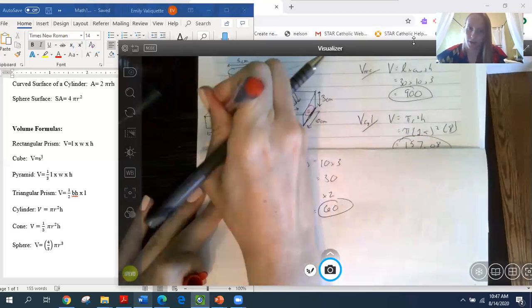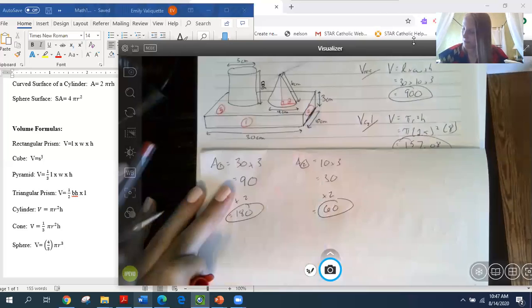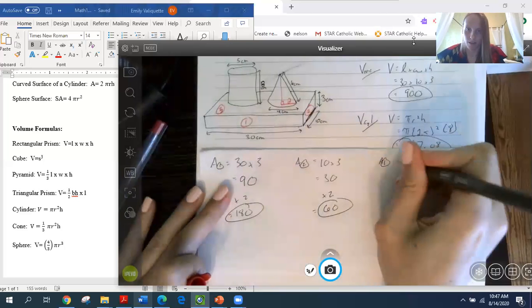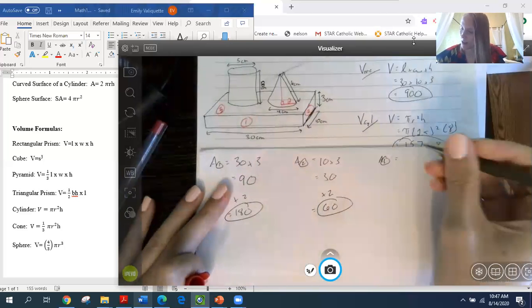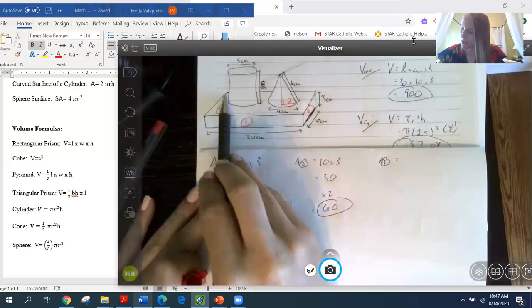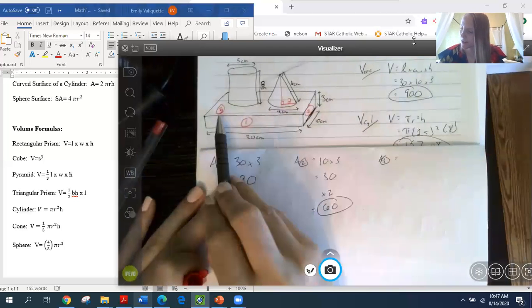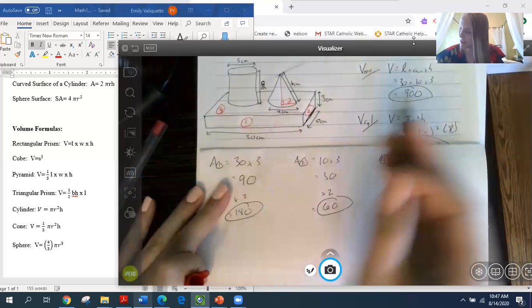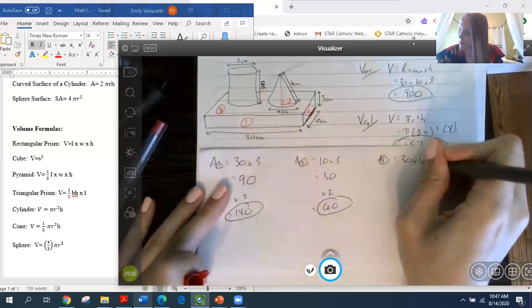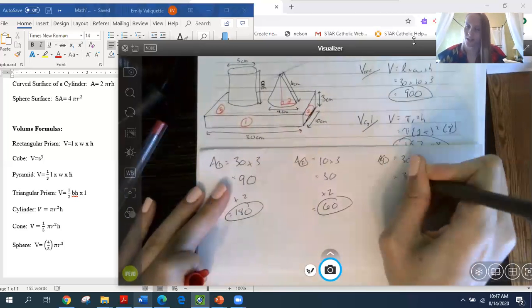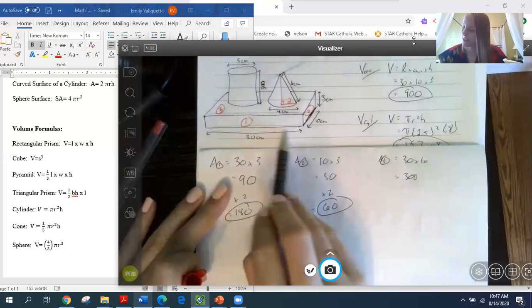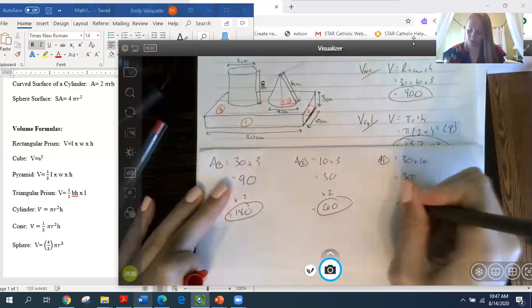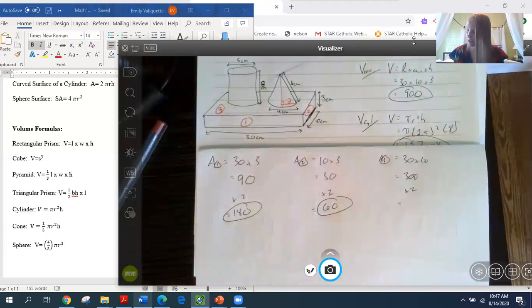Oops, that's number 3. So that shape up on the top there is 30 by 10, which is 300. And because the bottom of this shape is the same, I will times it by 2, which is 600.